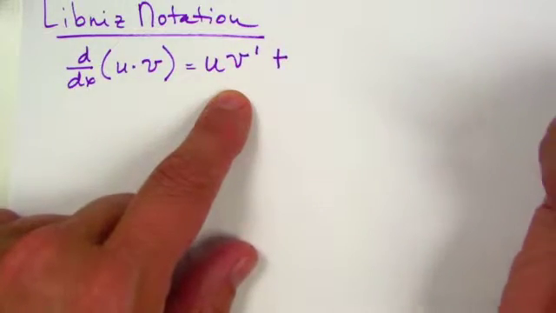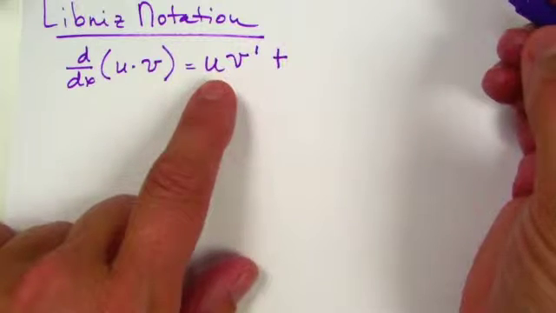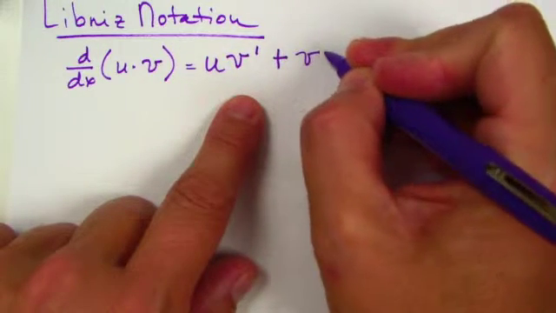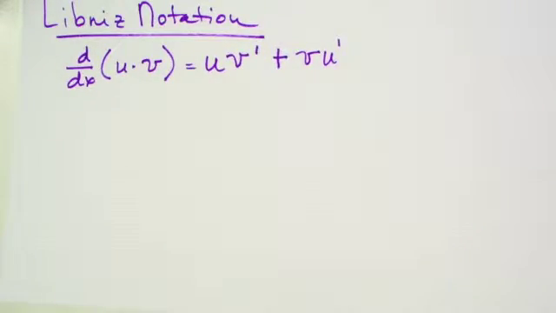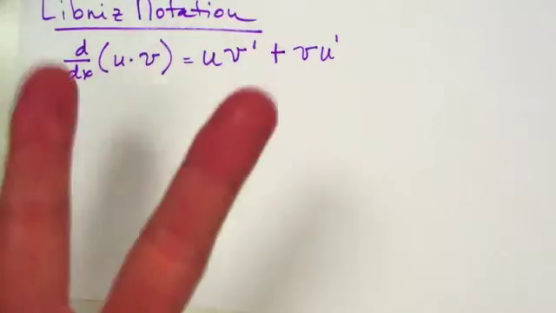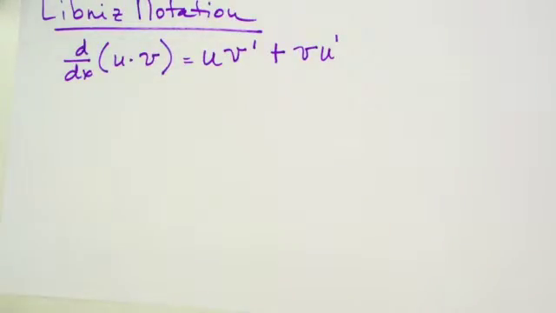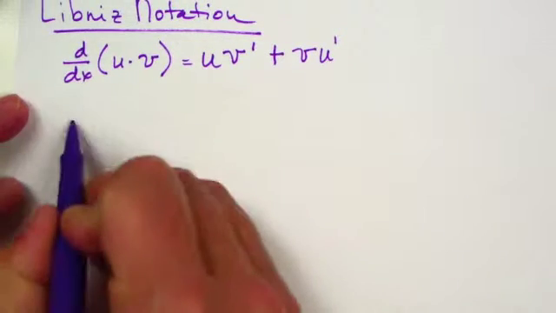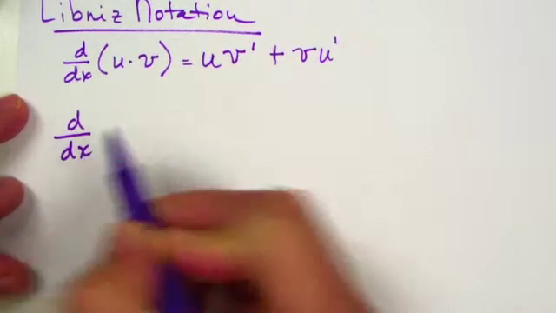Right? Because it's a product. Yes. v u prime. Right? First times derivative of the second plus the second times derivative of the first. Can this be interchanged? Yes. Why? Because it's addition. Okay, good. But not subtraction, right? Correct.